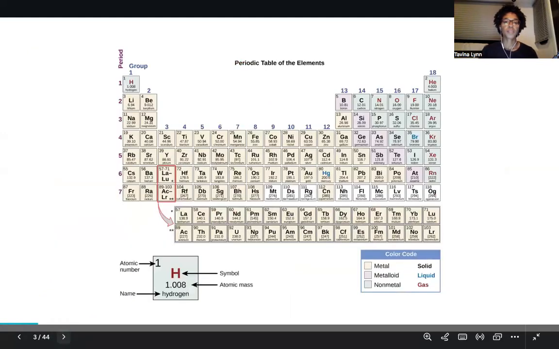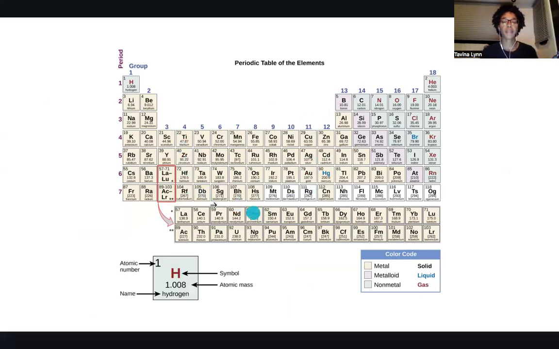So the transition metals are found in groups 3 through 13 of our periodic table of elements. And these transition metals make up the d block. So the electrons in these metals actually fill up the d orbitals.